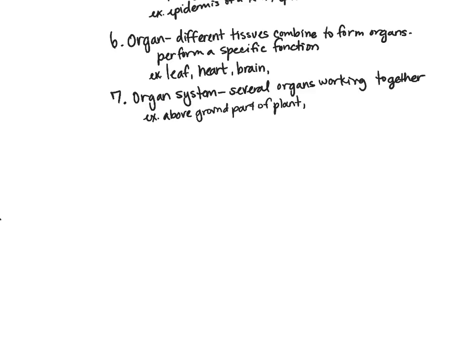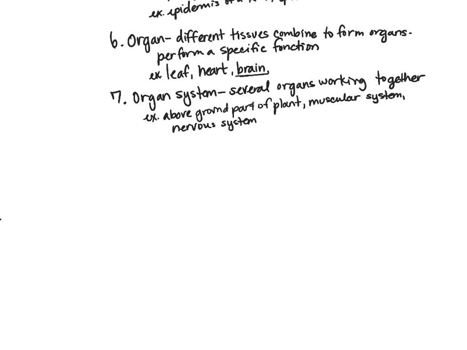Another organ system would be something like the muscular system in a human, for example, or another animal. The nervous system, so we said the brain was an organ here. If we take the brain and the spinal cord and the different nerves, then we have the nervous system.